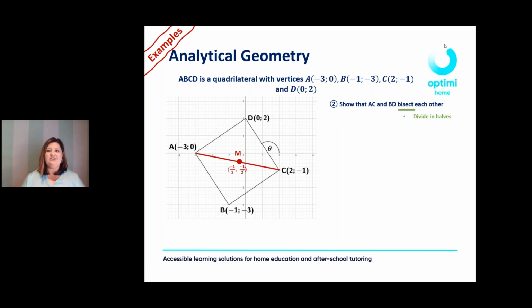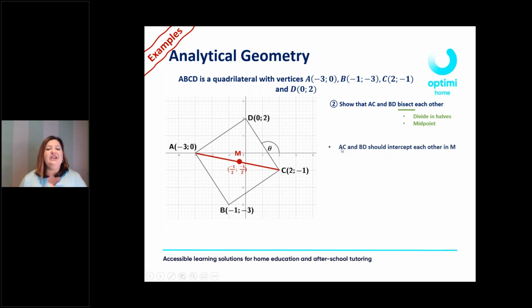Bisect means two things. It divides the shape or the line in halves, and it means that they actually cut in the midpoint. So if you have two lines that bisect each other, meaning they need to halve each other, they will cut each other in the midpoint.